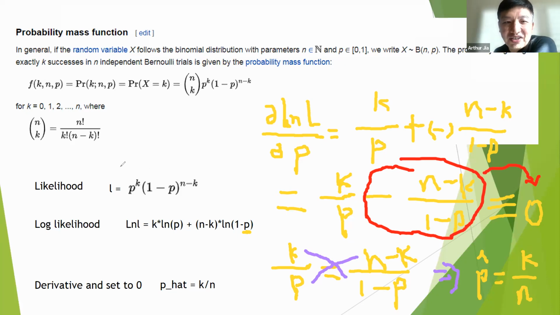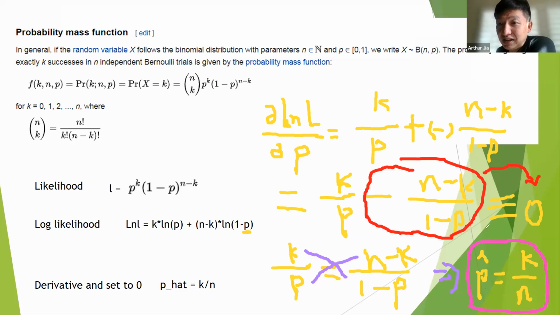So this is why, in the binomial distribution, if we got the experiment data like this, this is the best way to estimate your unknown parameter p, which is defined by this ratio. The numerator is the number of successes, and the denominator is the total number of trials.